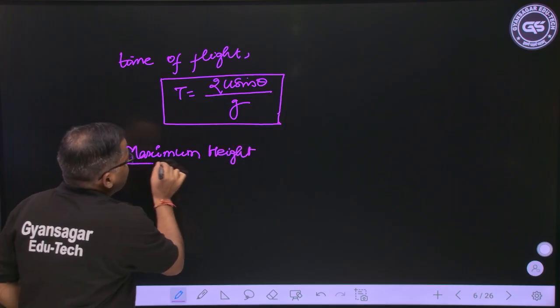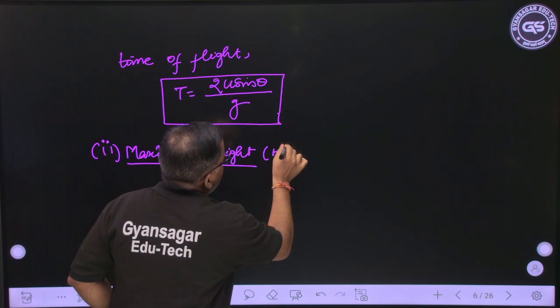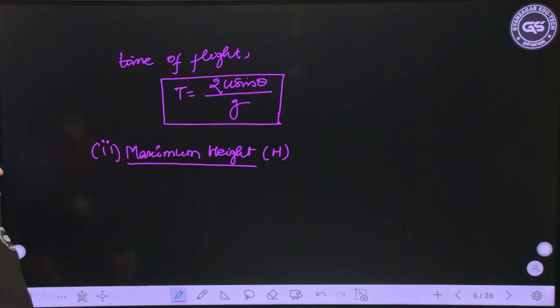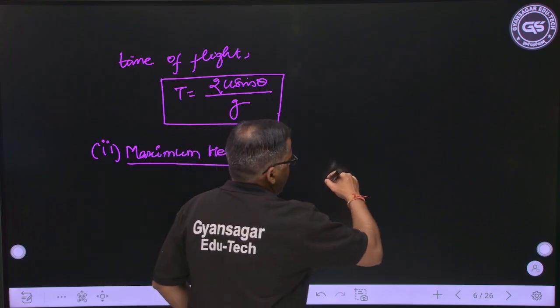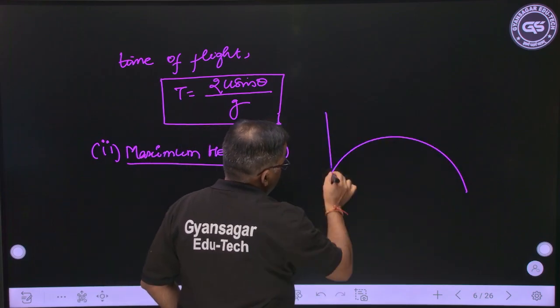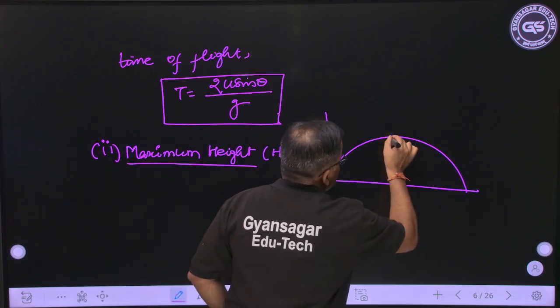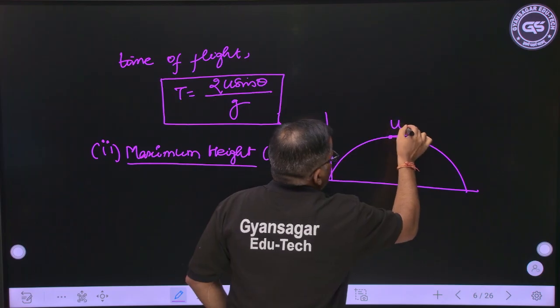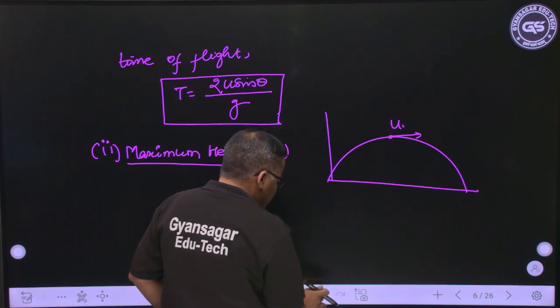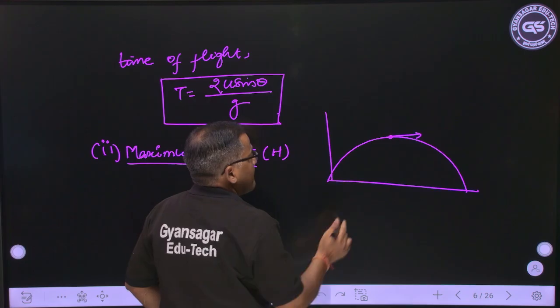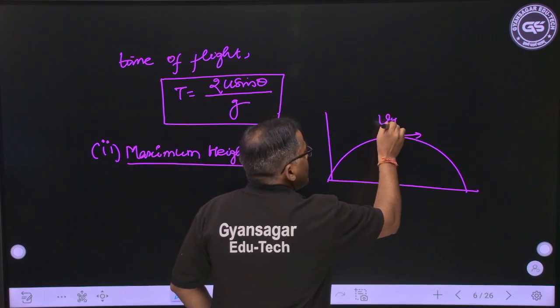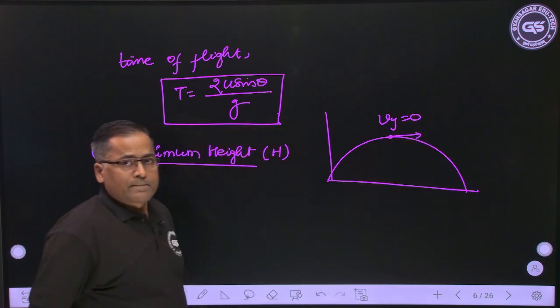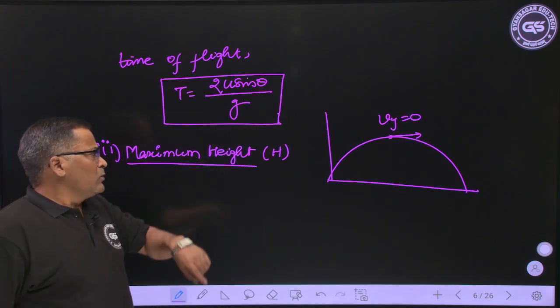How to find maximum height h? Actually, at maximum height, at this point, vertical velocity is 0, Vy equal to 0. So how to do it?